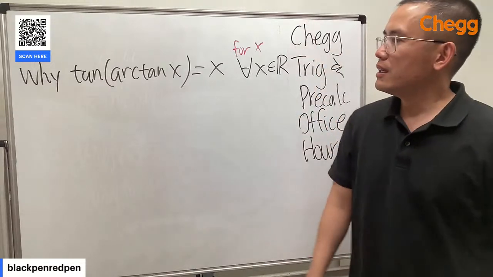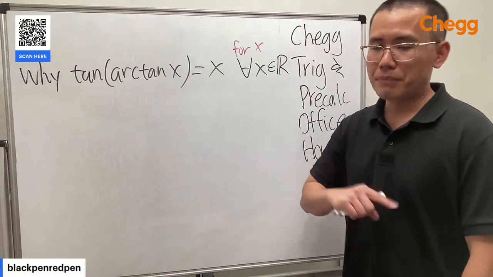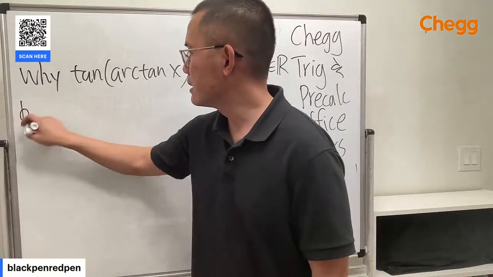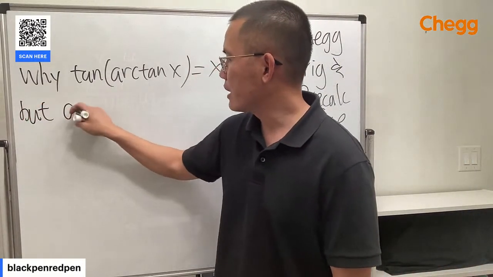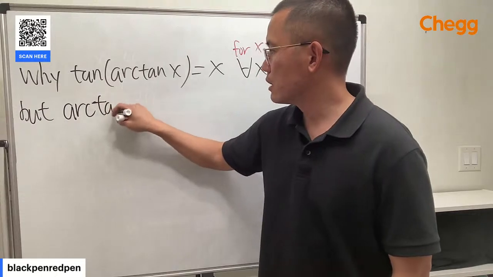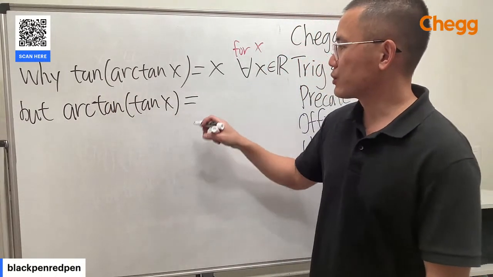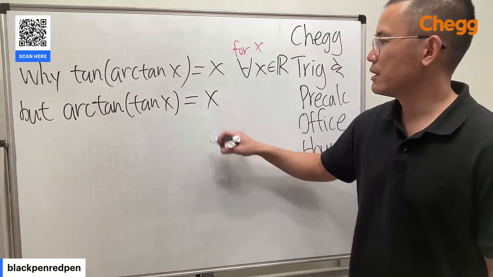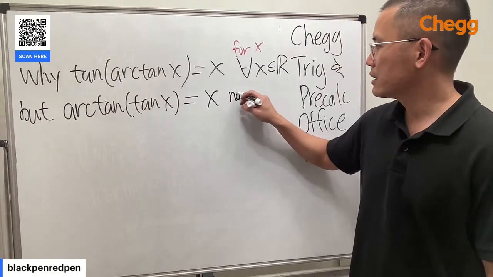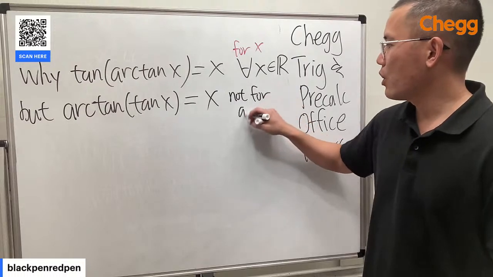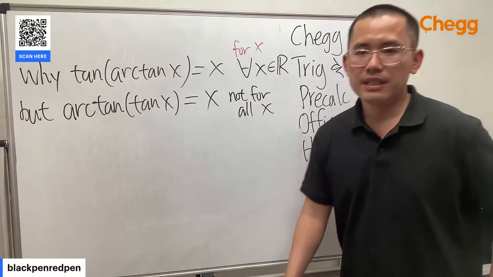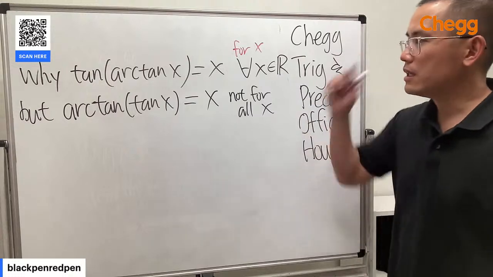Why is this true for all x, but not the other way around? If you have arctangent of tangent of x, this is not true for all x. Okay, so let's see.